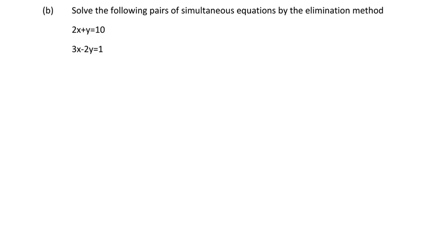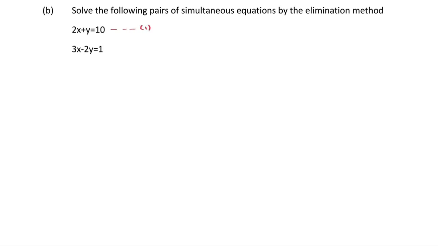Part B of the question, solve the following pairs of simultaneous equations by elimination method. So we've been given 2x plus y equals to 10. Let us call this as equation number 1.